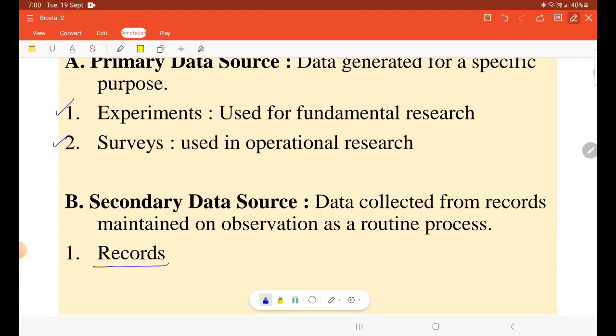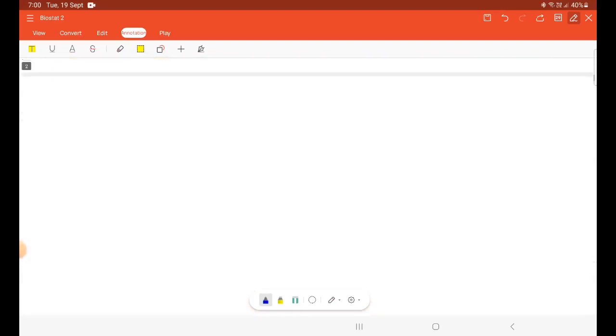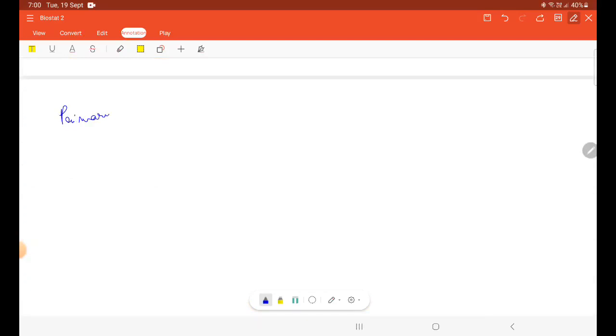So broadly, data sources are of two types. One is primary and another one is secondary. The primary data means data which is collected for that purpose, and for that purpose only it is extracted. Like if you want to do a research survey, then for those surveys you collect the data. This is primary data.